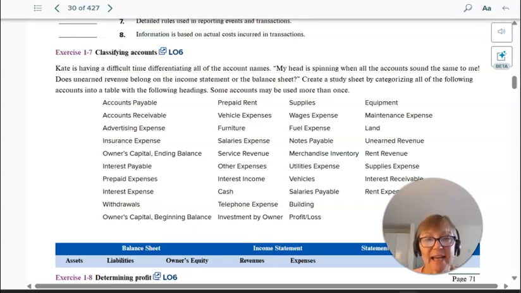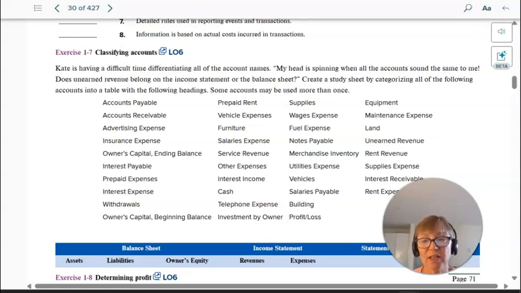Supplies is an asset, but if that said supply expense, which is in the next column, then it would go under expense. But where it just says supplies, it's considered an asset. We haven't used it yet. Wages expense is an income statement expense. Fuel expense, income statement expense. Notes payable, again, a payable is always a liability.